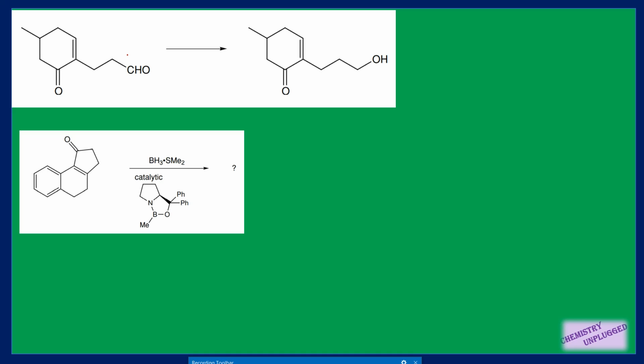So if I am using lithium tri-tertiary butoxy aluminum hydride, then I can do selective reduction of this CHO, or we can use tetrabutyl ammonium triacetoxy borohydride, means this type of structure, right? We can use this one also.